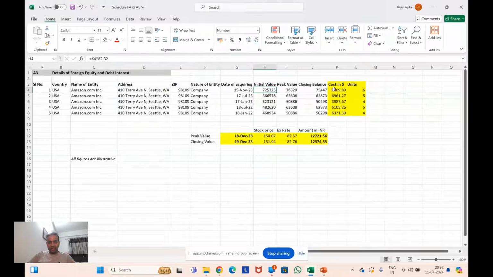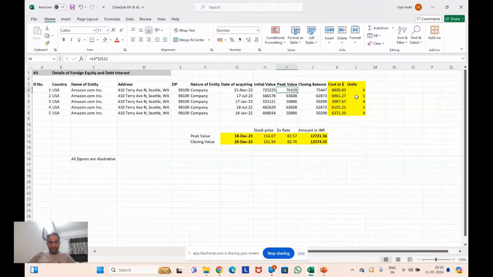I'll also share the link where you can get those rates, and you can use that for filling in this Schedule FA. So I have used that exchange rate as on 15th November, and then I got this number here.